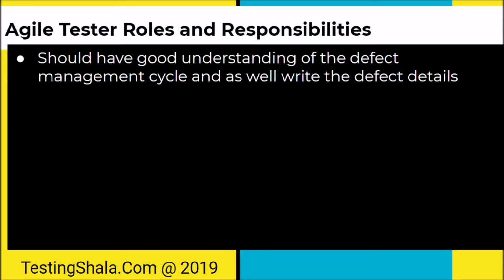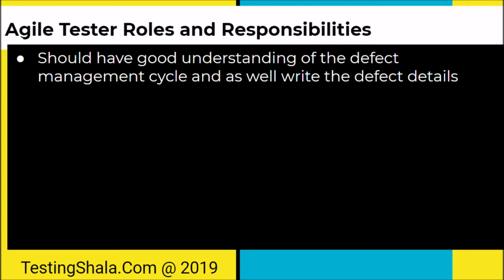The next thing is, being an agile tester, let's say once execution is done, if you find an issue, you should be able to log the defect or log a bug. For that, you should understand the overall lifecycle of a defect or bug cycle, and you should also know how to write those defect reports.